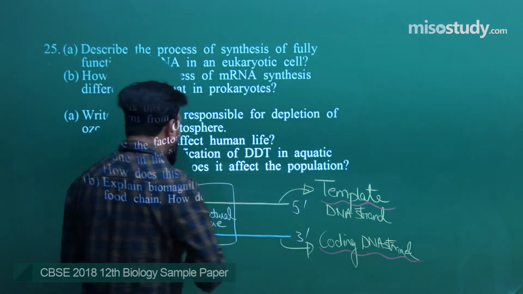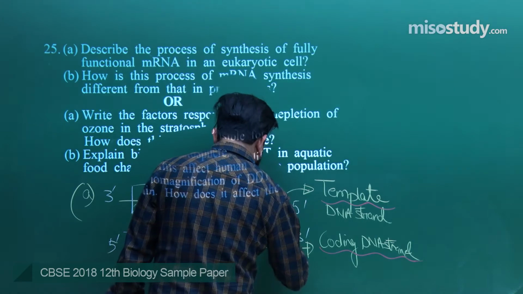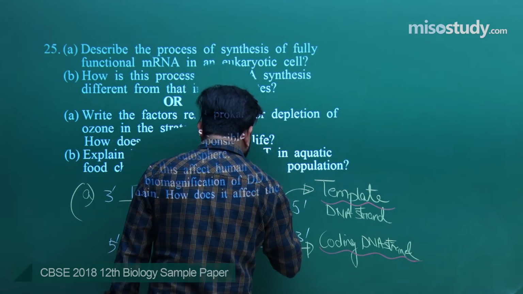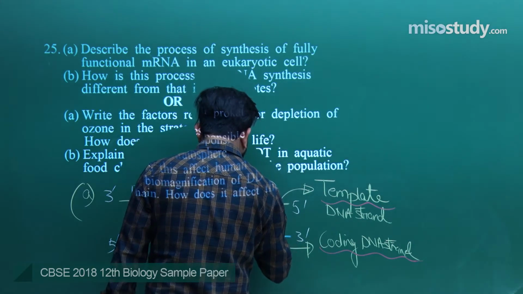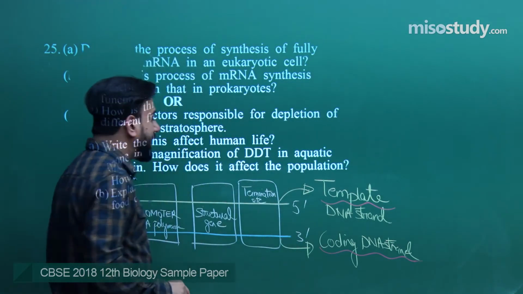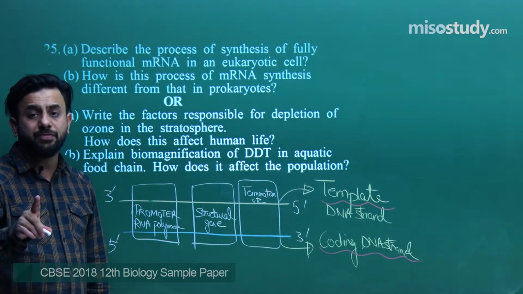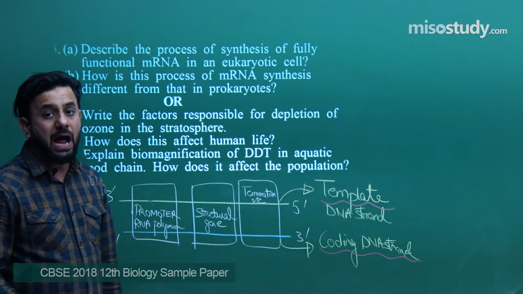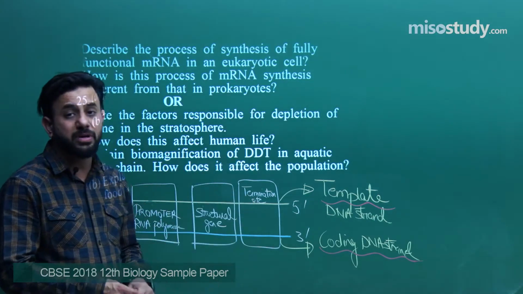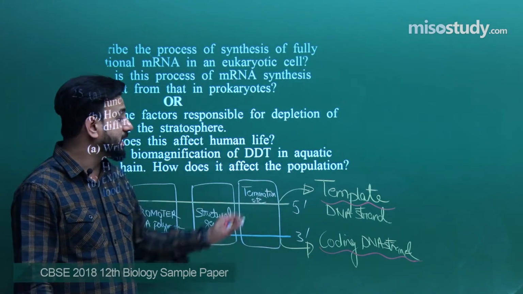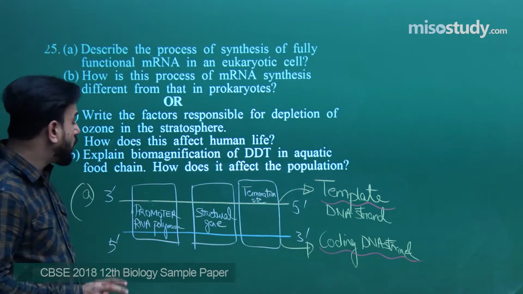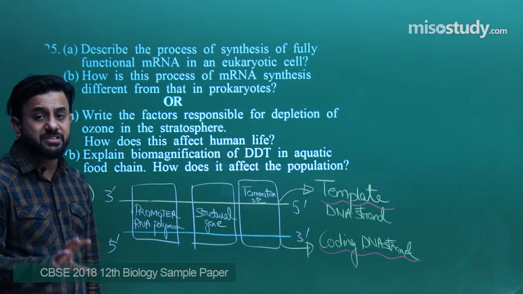And then finally we have the termination site on the template DNA strand, where the transcription process will end, and at this site the RNA polymerase enzyme will detach from the template DNA strand. Got it? So this is how the mRNA is being synthesized.